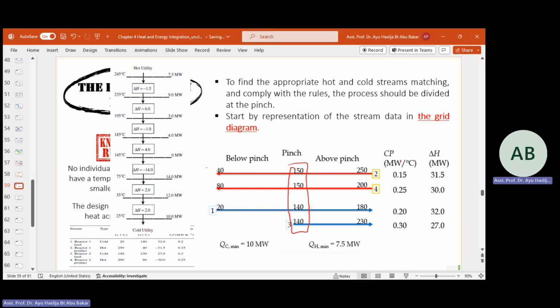Okay, CP here is from the table that has been provided. Delta H is the one that you calculated earlier in the previous example. Up to here, we can separate above and below pinch.